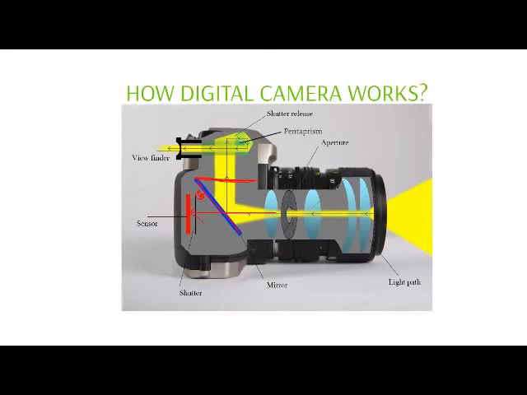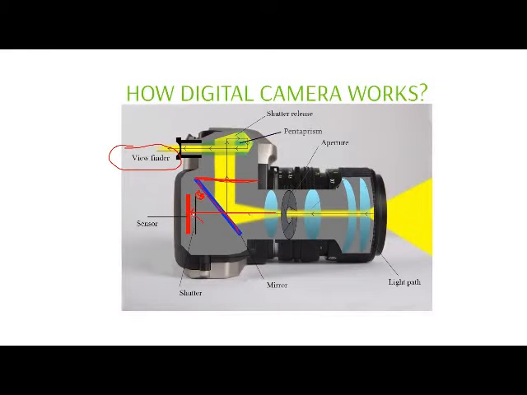This is the time when you cannot see the scene through your viewfinder, because the light was coming here, hitting this mirror, and being reflected out of the viewfinder. Now you cannot see it as long as you have this shutter release button clicked. But now the picture will be printed onto this sensor.